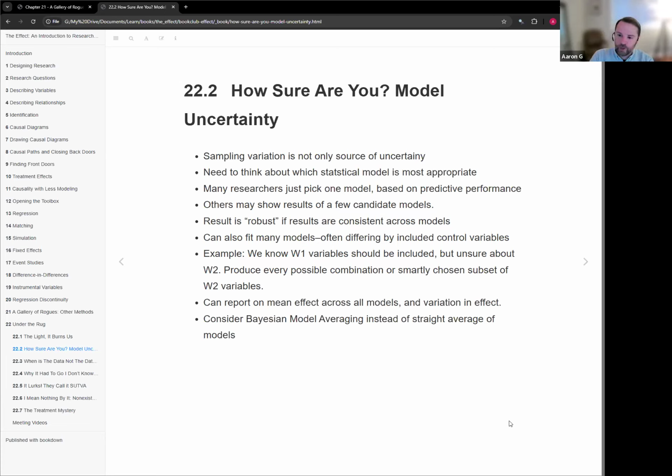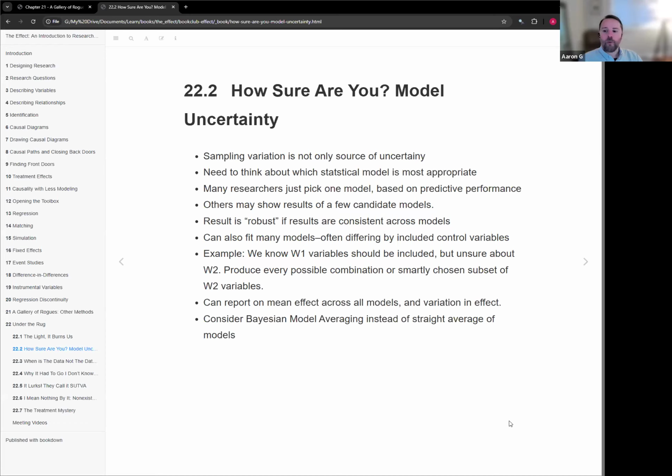One other thing we could do, which is more common today, is fit a ton of models. And when we talk about models, we could mean different model types, right? You could have an OLS model, a random forest, an XGBoost model. But the example he gives here are basically the same underlying architecture, like an OLS type model, but some models include certain variables and exclude others.